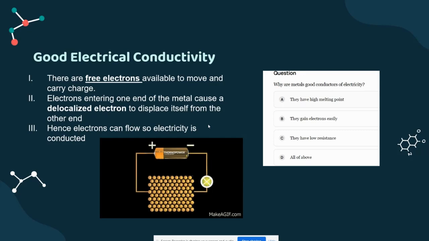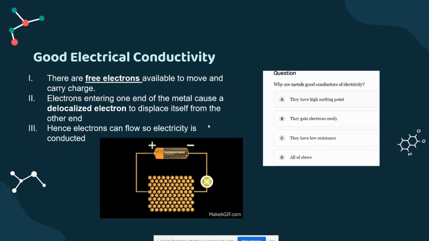Another property is that metals are good electrical conductors. So what makes them, why are metals known to be good electrical conductors? The keyword here is delocalized electrons. When we pass electricity through metal, we are basically passing free electrons which are available to move and carry the charge.